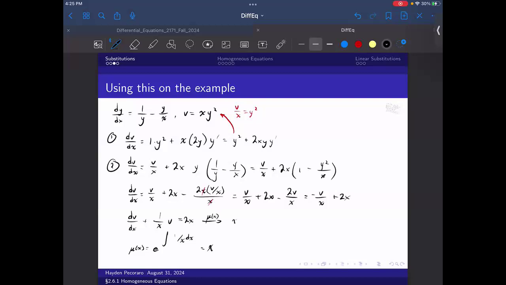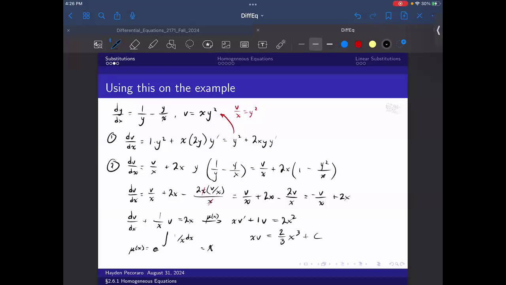We get x v prime plus 1v, and that's equal to 2x squared. Now we integrate both sides and we get x v equals 2/3 x cubed plus c.